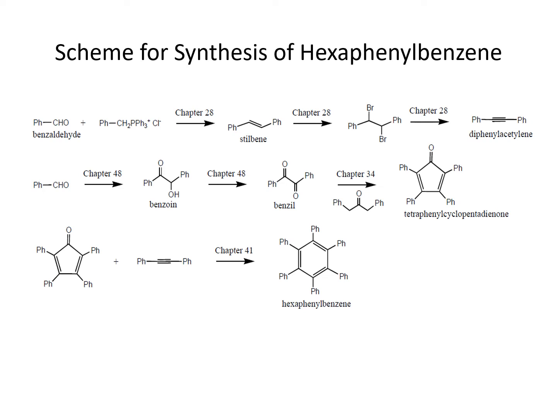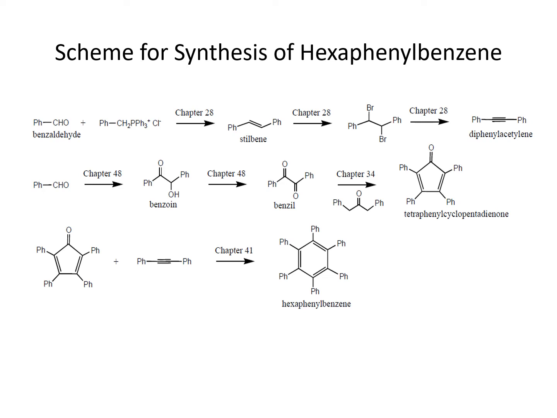As you can see, the stilbene dibromide, before it converts to the diphenyl acetylene, comes from benzaldehyde reacting with a Wittig reagent, as we saw last week, and the stilbene then undergoes addition reaction with a bromine molecule to give us a dibromostilbene. Then further elimination reaction of the dibromostilbene gives the diphenyl acetylene.